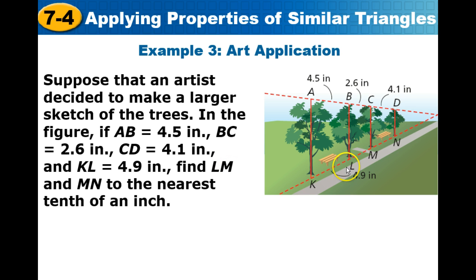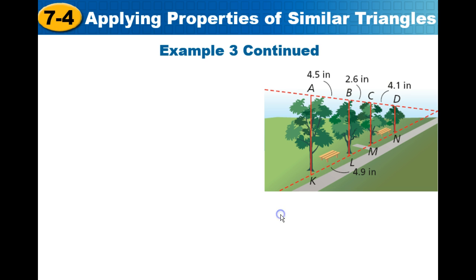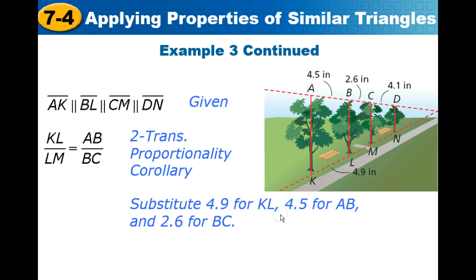Since LM is right here with this 2.6, we're going to write out a ratio. And the ratio is going to be 4.9 over the unknown LM is equal to 4.5 over 2.6. You could write this out many different ways. This is how we're going to find LM.